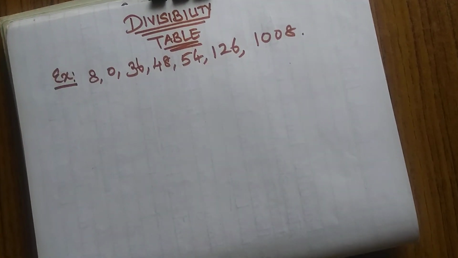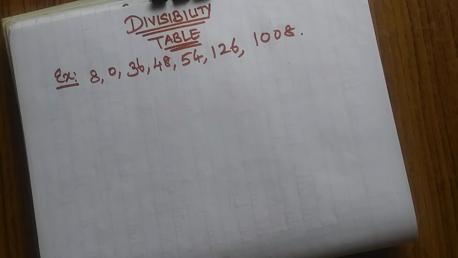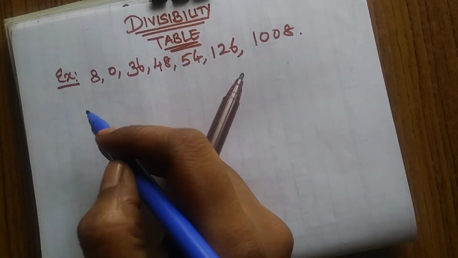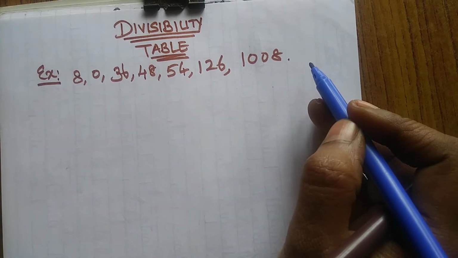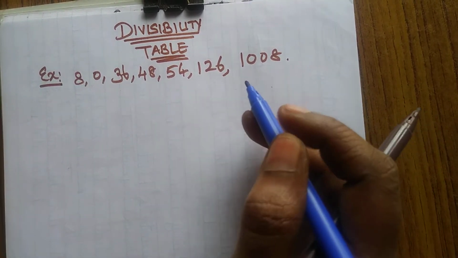Since you want to understand very deeply, I'm writing some single digit, double digit, triple and four digit numbers. So what is the rule lying here?